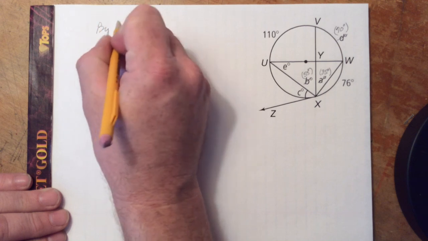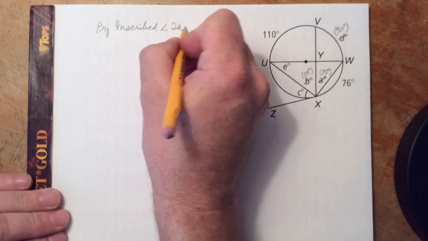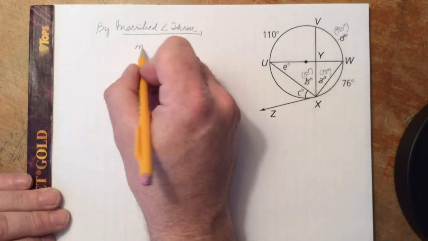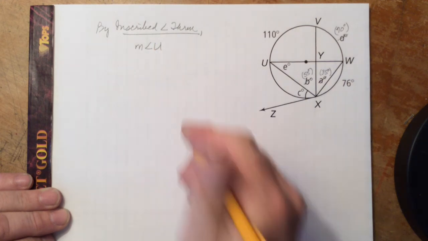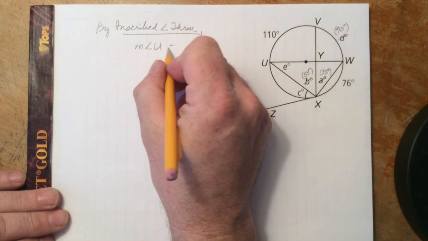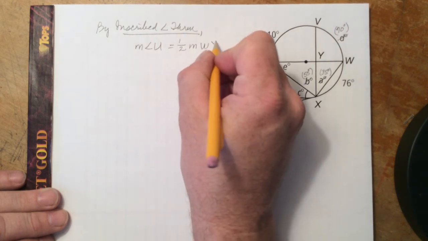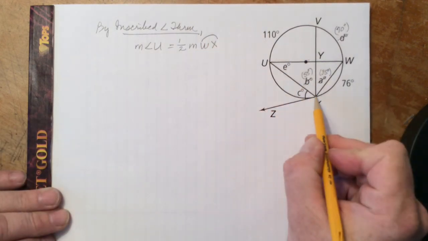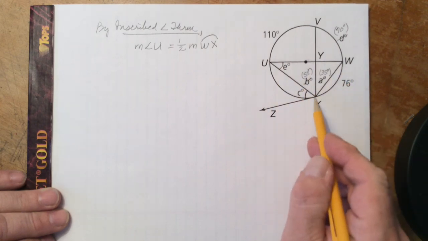So by the inscribed angle theorem, once again, the measure of angle U is equal to 1/2 the measure of arc WX. U right here is equal to half the measure of this arc right here.